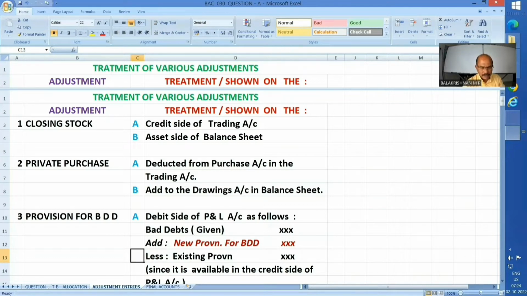Sometimes you may use it for advertising purpose, or like this for drawings, or maybe for personal purpose. So outright deduct it from the purchase account, because this much of the goods you have purchased are not applied for sales. Simple like that. And since it is for your private purpose, add it to the drawings account in the balance sheet.